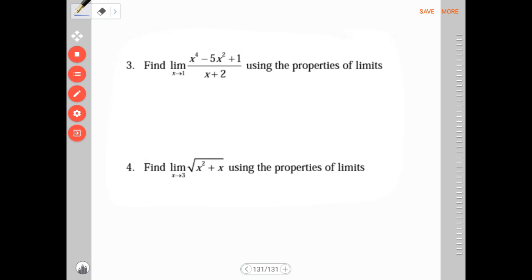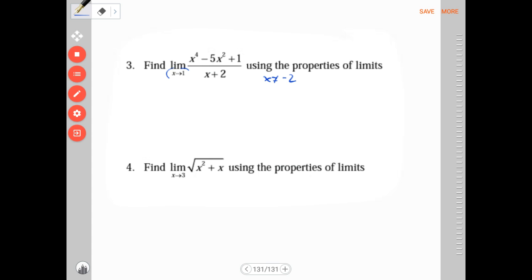Okay, looking at this, find the limit using the properties of limits. So we have a quotient. All we have to really decide is that x can't be negative 2 here, or else it opens up a whole other can of worms. But look, x is approaching 1, so we're not discontinuous there. We don't have an asymptote. We don't have a hole. So we could just substitute that in.